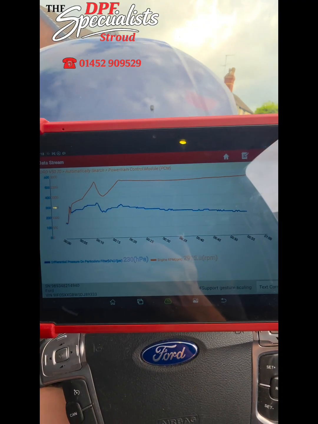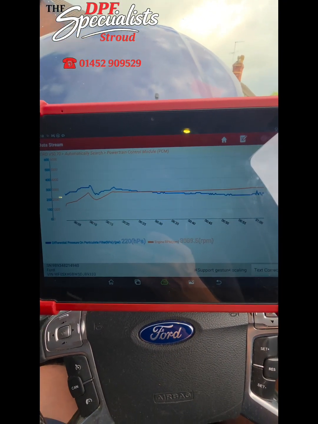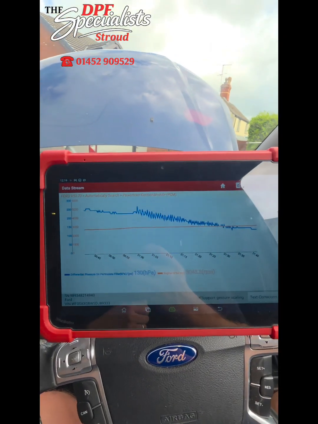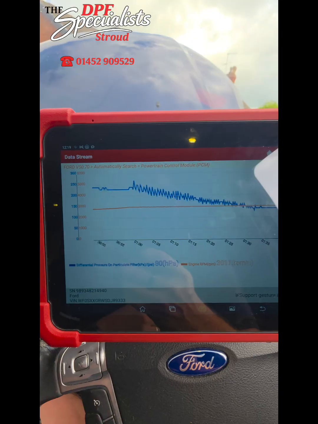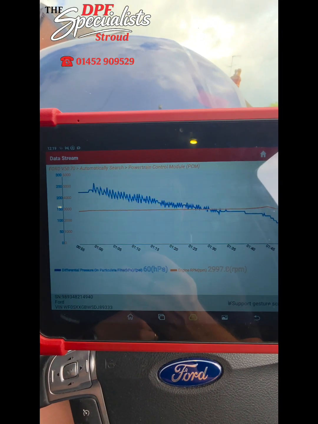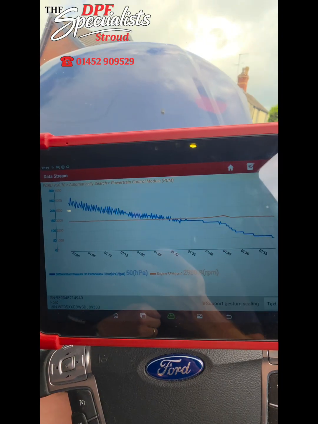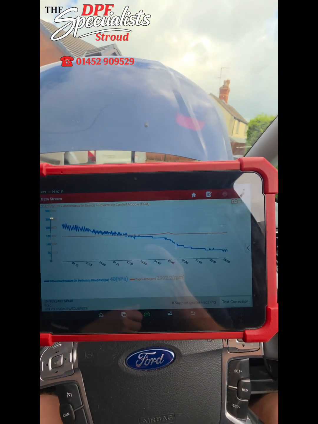We'll keep an eye on that for the next 10 minutes or so. And we'll come back to you. Now as you can see guys, the differential pressure is dropping, so that's me bringing the revs up slightly, apologies. So it's just around 3,000 RPM. Differential pressure, sort of 50 to 60 millibar. Yeah, should be a good result.